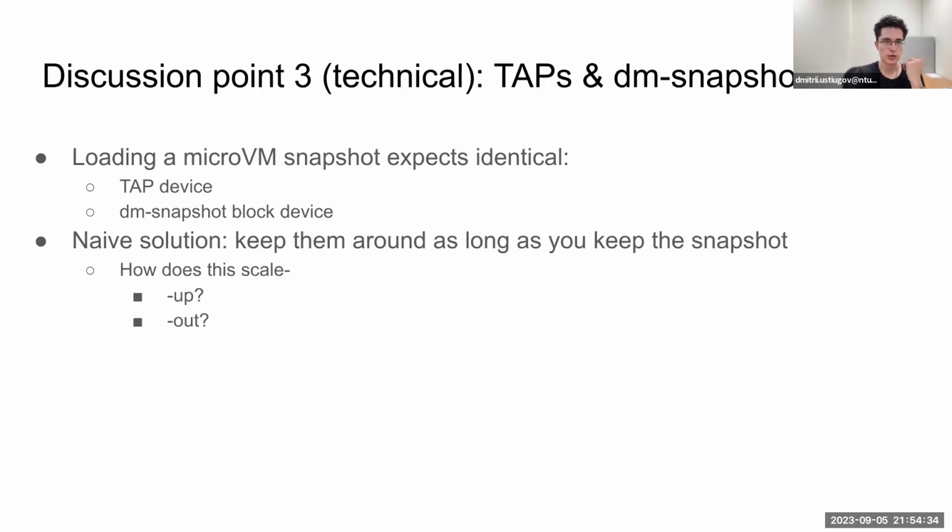Just another level of abstraction. Essentially, you keep this device the same, but put it in a different network namespace. This is something that we are merging right now, so that part is solved. And this is also a recommended approach from the Firecracker team as well. So I would say this is more or less solved.